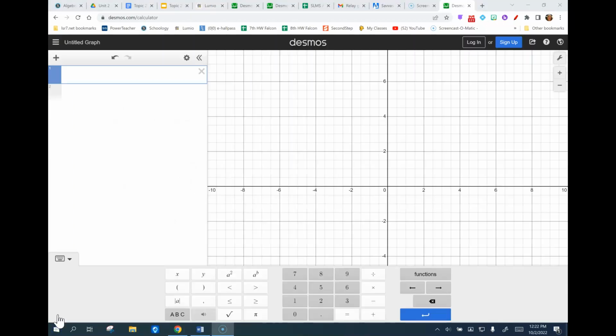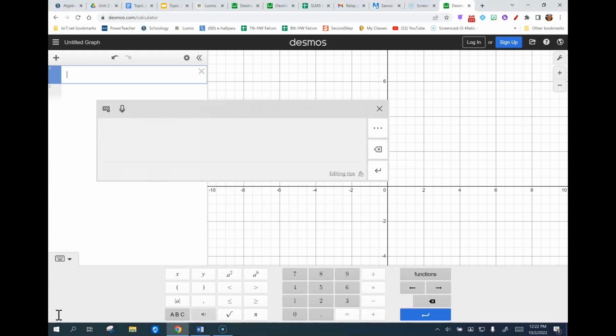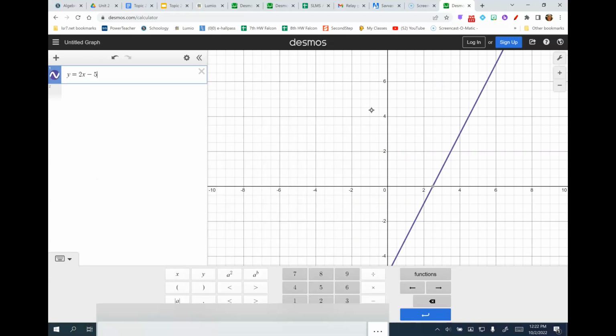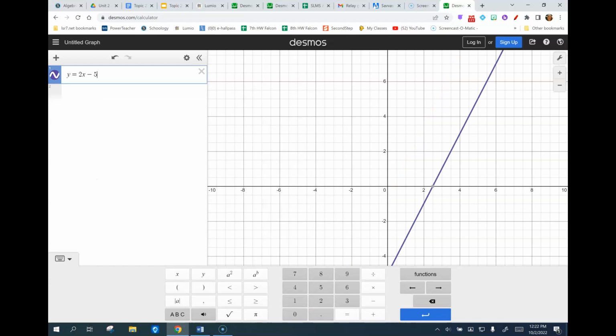Okay, so out here, we're going to graph two equations. We're going to graph y equals 2x minus 5. Let that line just hang out. That's our purple one.